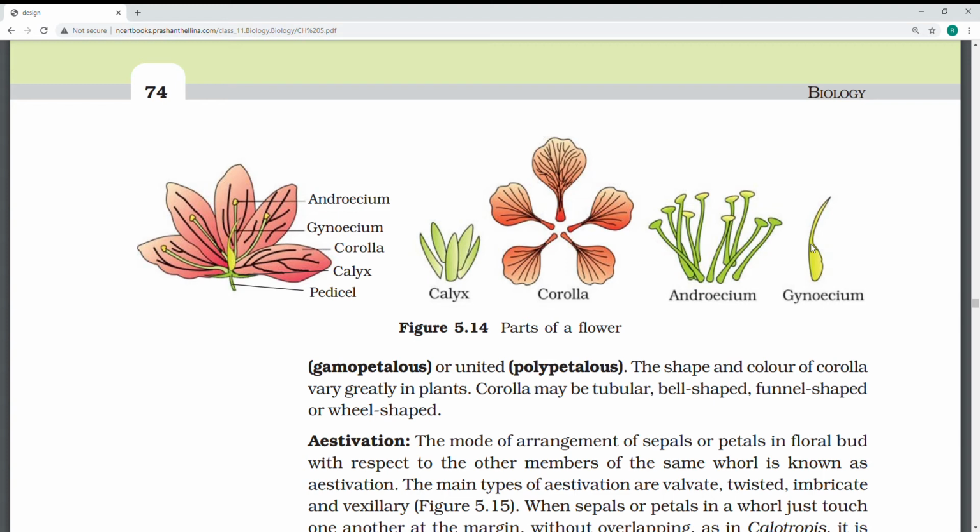Even on those filaments, if all filaments of stamens are united in one bundle, those are called monadelphous. If all filaments are in two bundles, then it is diadelphous. If there are many bundles of these stamens, then it is polyadelphous, citrus.